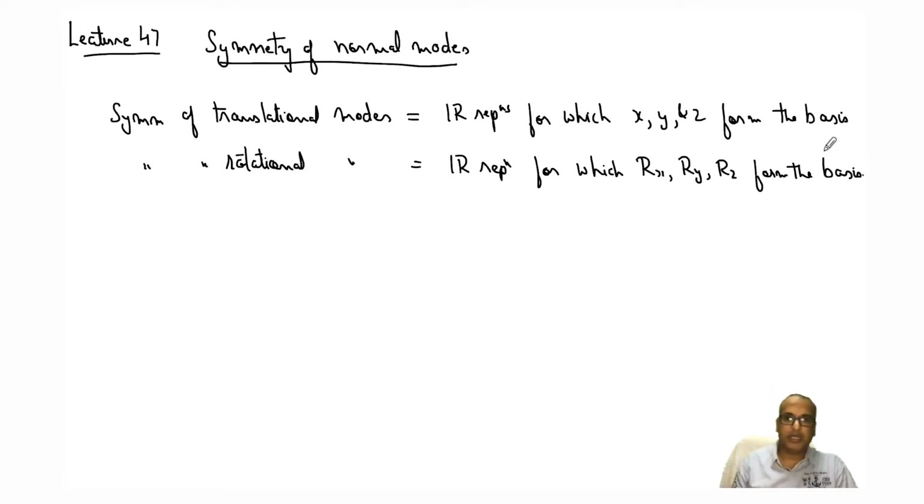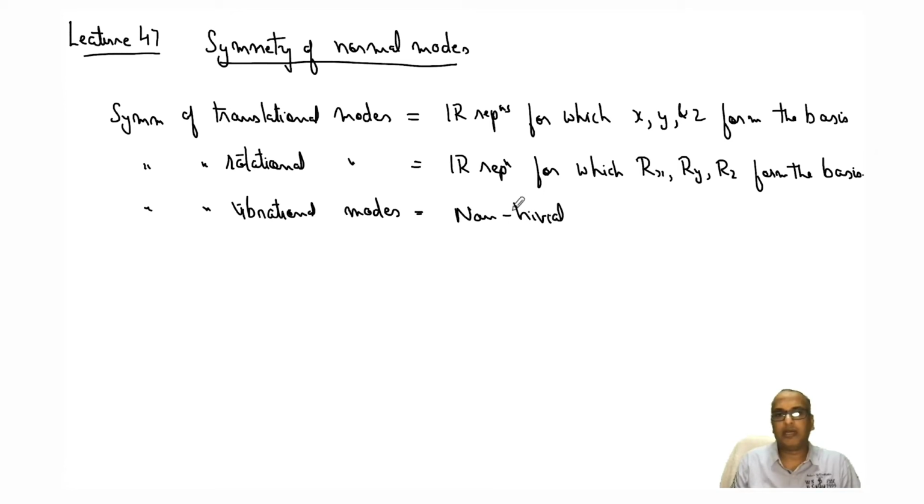So that is easy to see. Now, how to find out the symmetry of vibrational modes? This is non-trivial. It is not as trivial as it is for the others. So let us see how to do this.